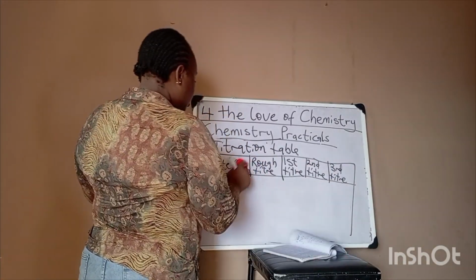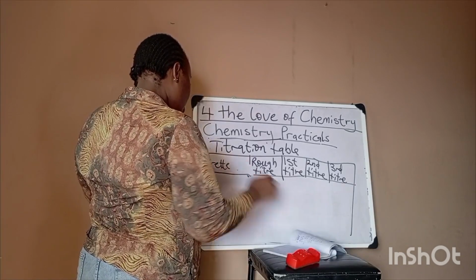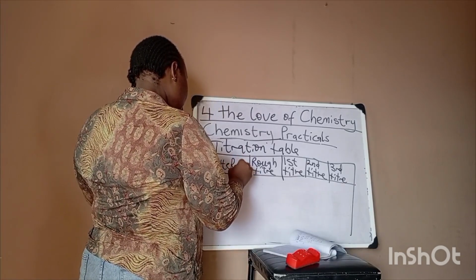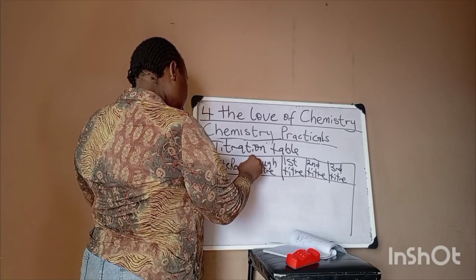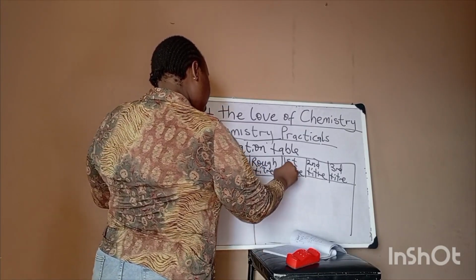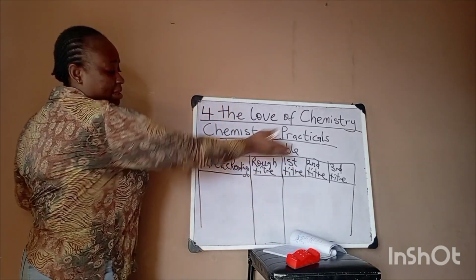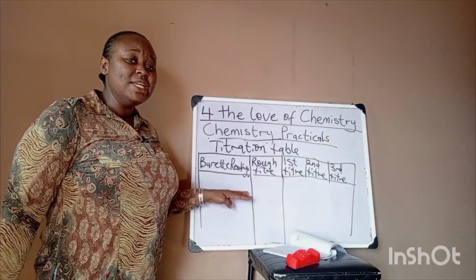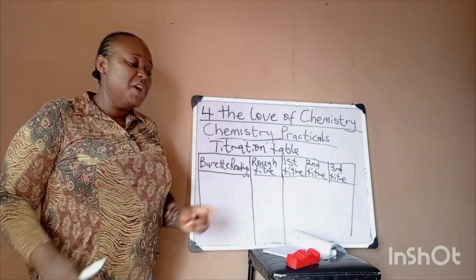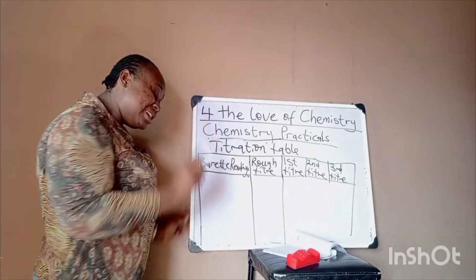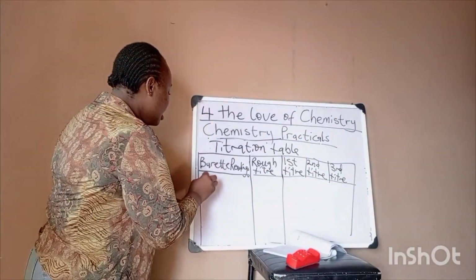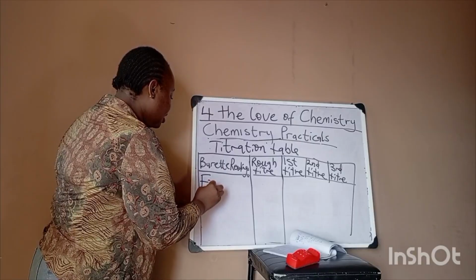Okay, so we've got this side. Now let's do this side. I want to write this well. Burette reading. Now let's do this way. So after this heading, you have only 3 spaces here for very specific things. The first one, listen, is final burette reading.